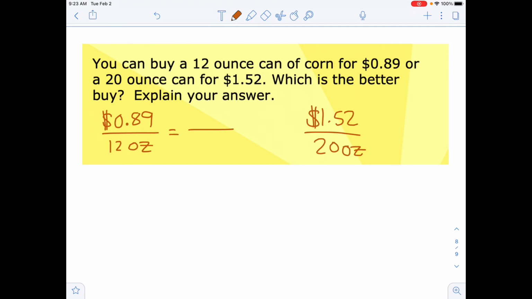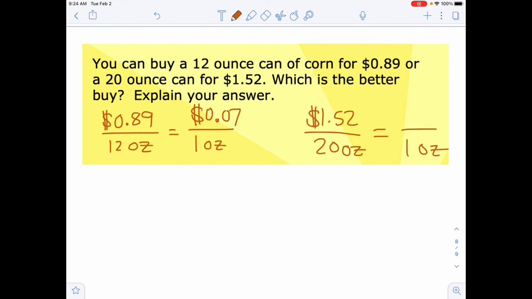So I'm going to change this to a unit rate to figure out how much it costs for 1 ounce. So I'm going to divide 89 cents by 12. And rounded, I get about 7 cents per ounce. Okay, then for the 20-ounce can, to get it to be out of 1 ounce, I'm going to divide both by 20.